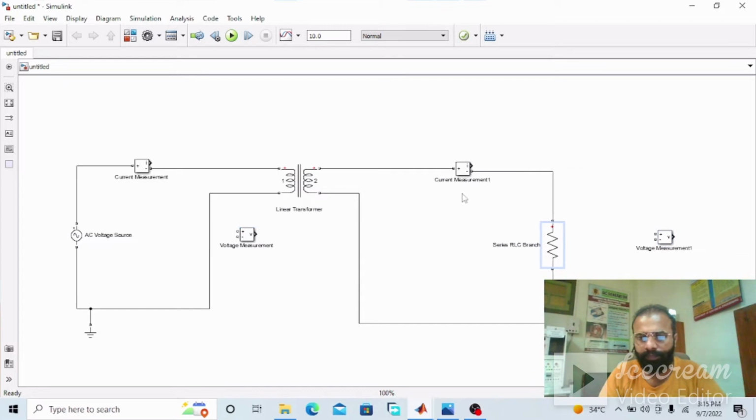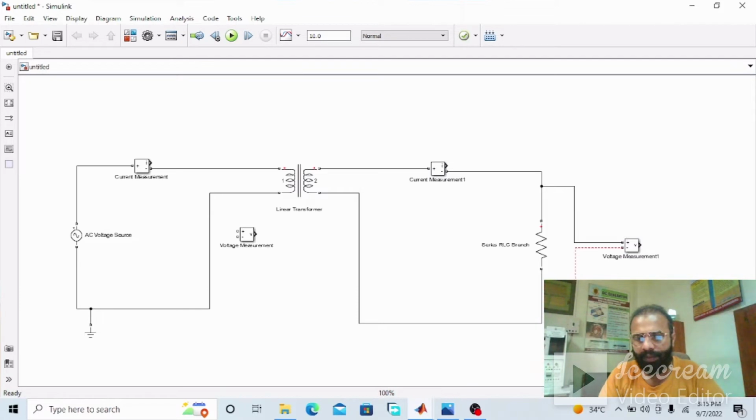Okay. So now this voltmeter will give us the secondary side voltage of the transformer, which is connected across the load, okay, and this will give us the primary side voltage of the transformer.